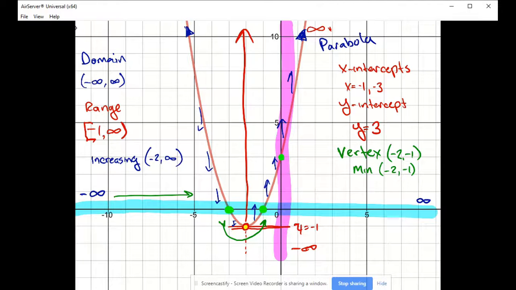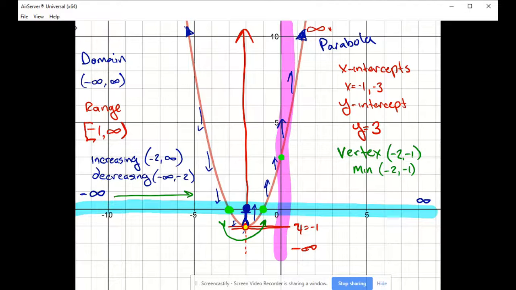Always use the x value, even though we're talking about what the y values are doing, we're talking about it in terms of our x. And then our decreasing interval is negative infinity to -2. And remember, we're always going to use parentheses with our vertex, because at this point the graph is at rest. It has a zero slope. It's neither increasing nor decreasing. If you're at the bottom of a well, you're neither going up nor going down. You're just there.